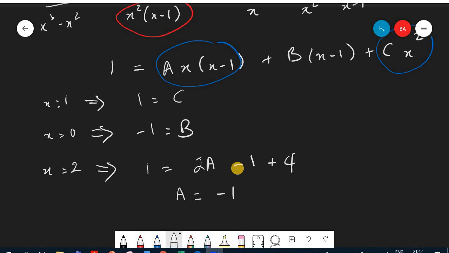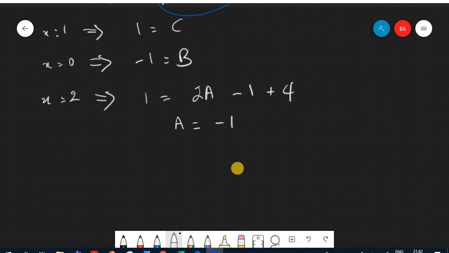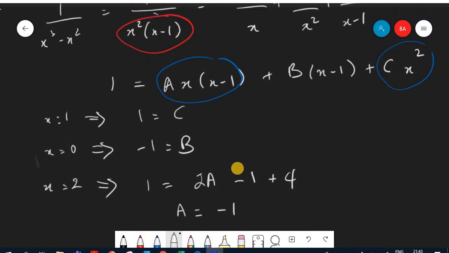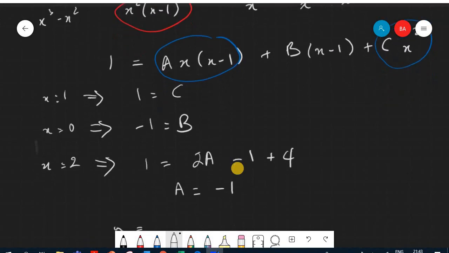So we found all our terms here, and then you need to write your final term, of course, in the s domain. We're dealing with s now. So my y, which is a function of s, will be equal to a over s plus b over s squared plus c over s minus 1.